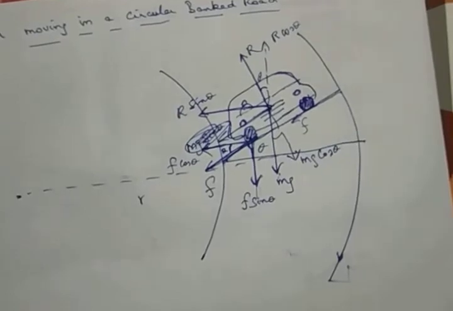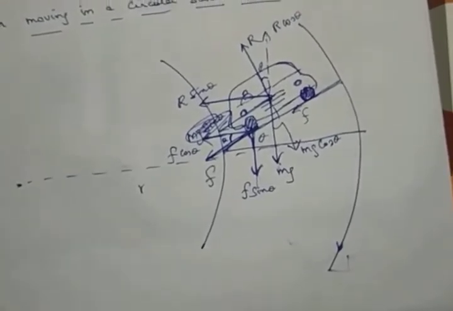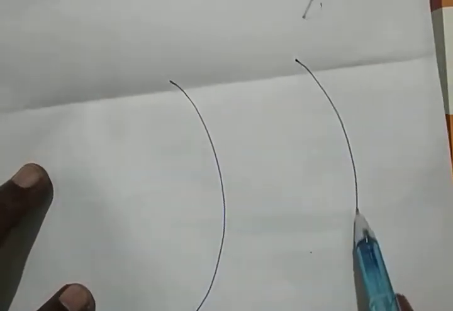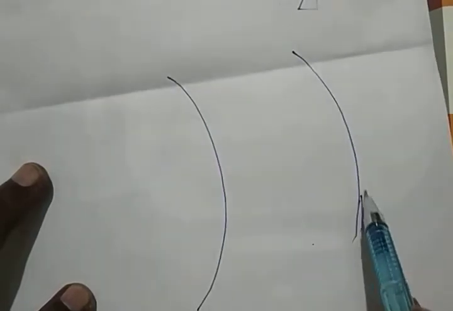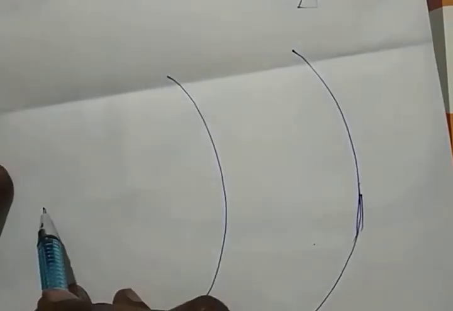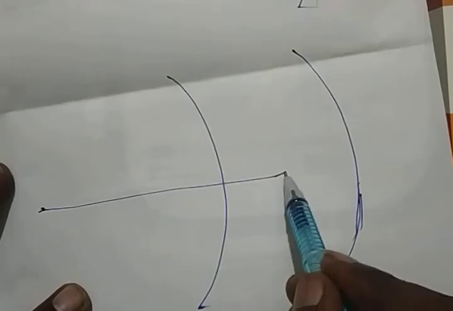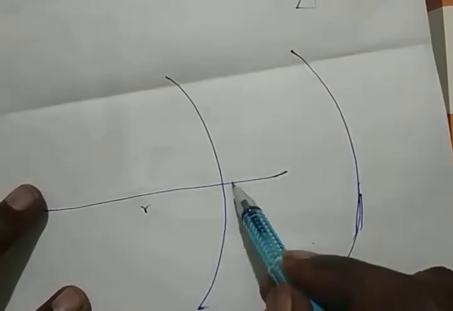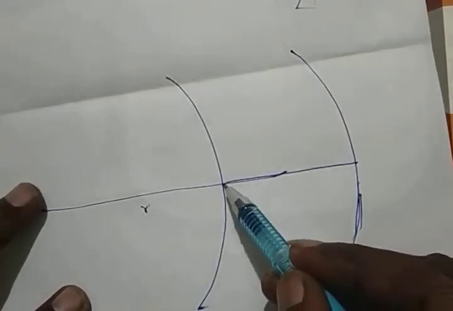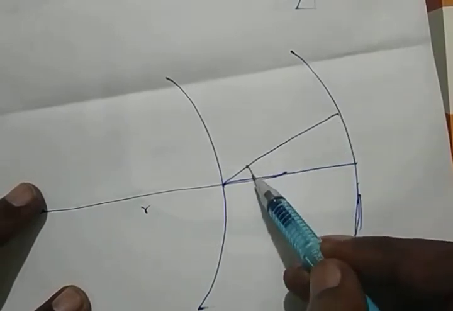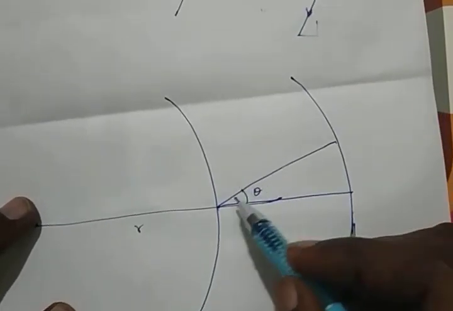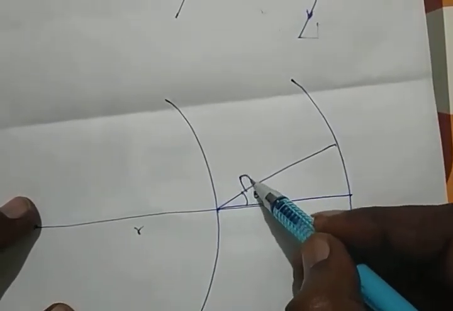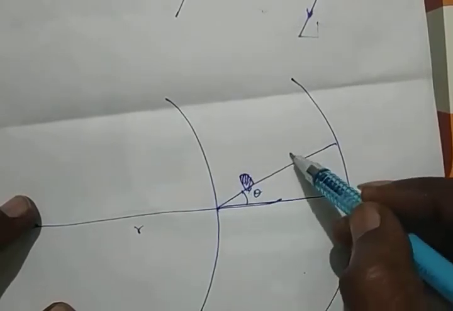So shall we redraw this one? I'll quickly redraw this and give an explanation. It is better to make this diagram as many times as you can, because drawing this one is not easy. There is a circular path, this is the straight line, this is the banked path, theta is this one, and there's a car coming here, this is a tire.